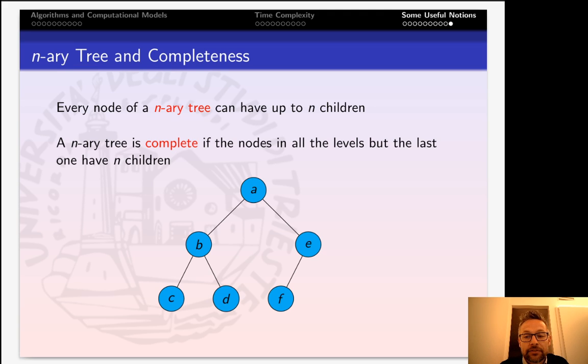All the levels but the last one, so the level which corresponds to the height of the tree itself, so all the nodes in the levels but the last one have exactly 2 children, okay? Okay, this is clear. And this is all I want to say about what we really need during the course.